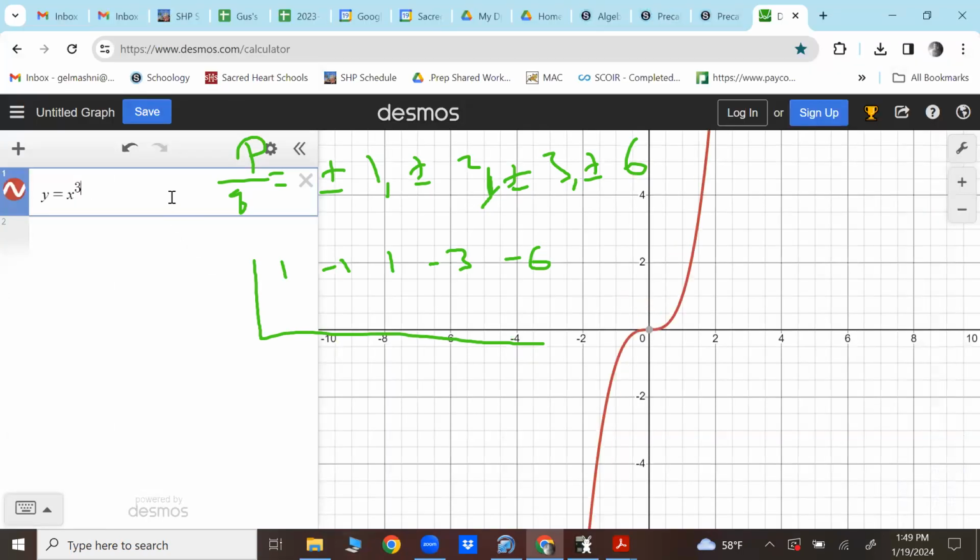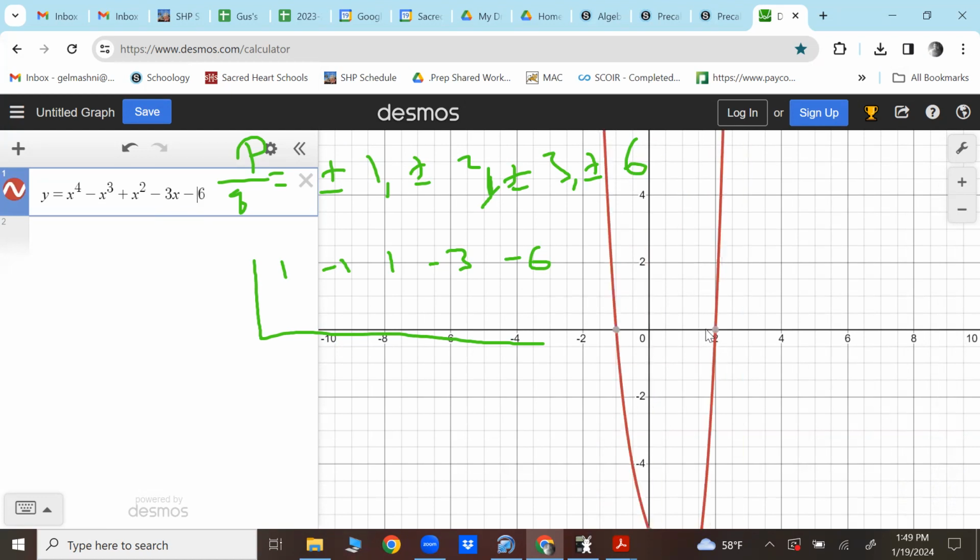So see here: x^4 minus x^3 plus x^2 minus 3x plus 6. Wait, I made a mistake. Yep, there we go.